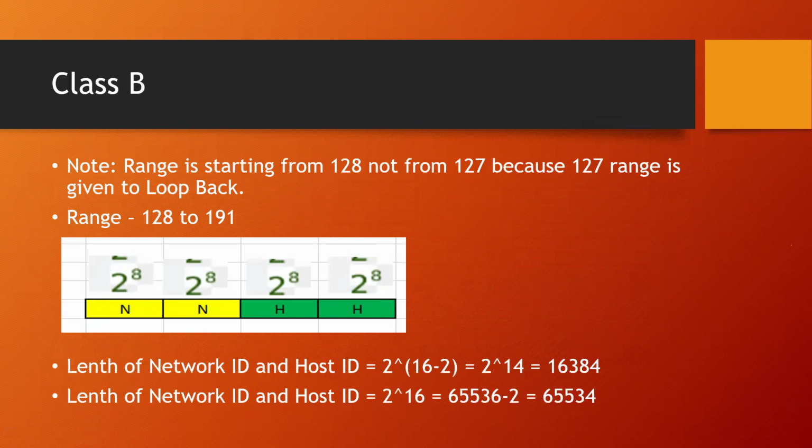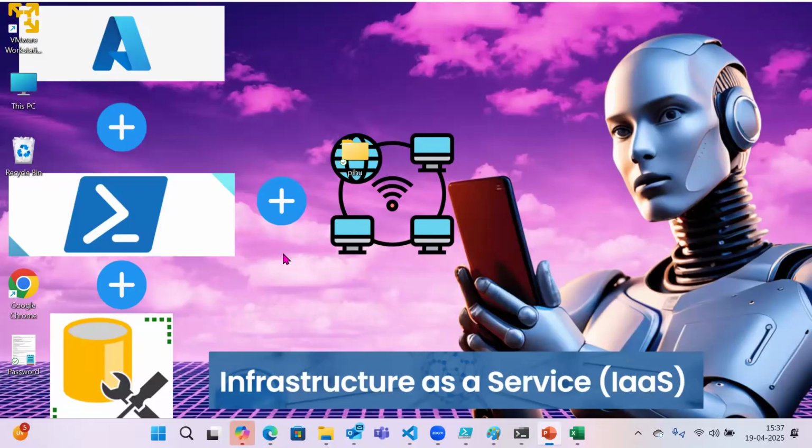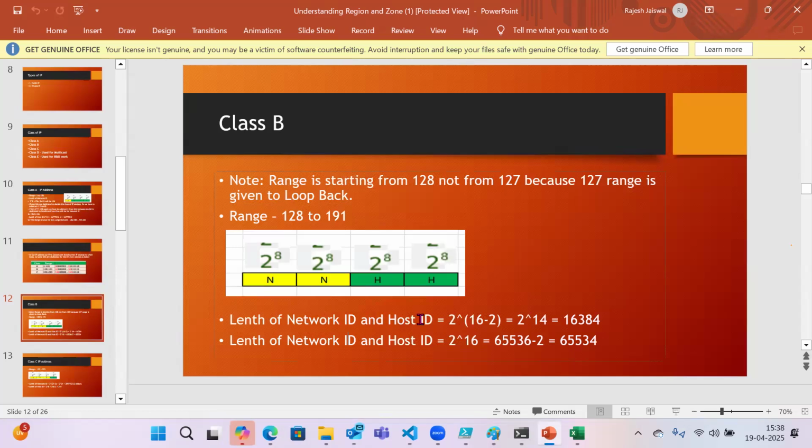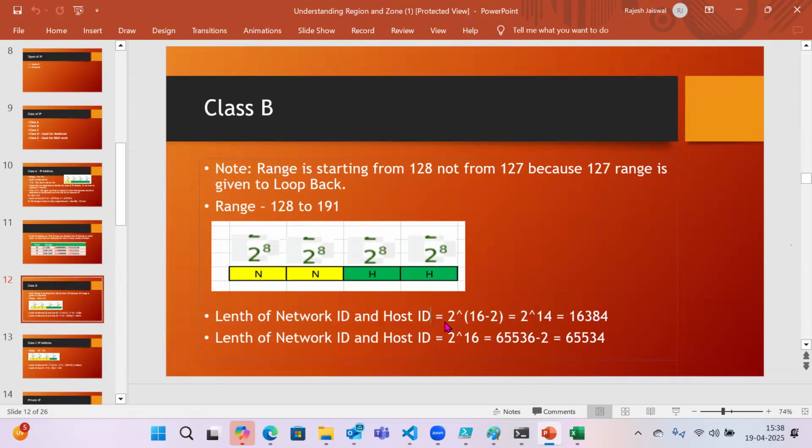Then again we have to subtract 2, and that gives the length of the network ID. And for the host ID, I have written something wrong here. I will try to correct it, but I'm not able to modify this.